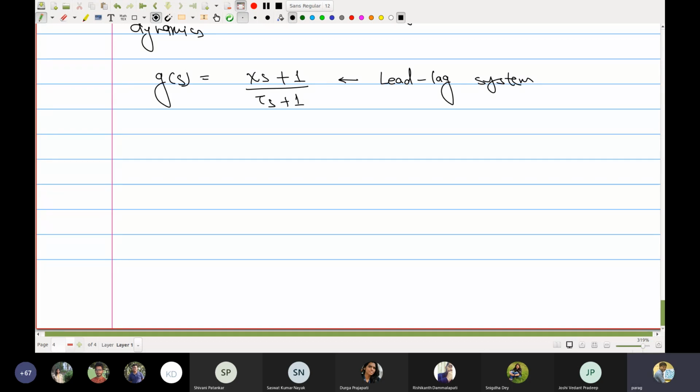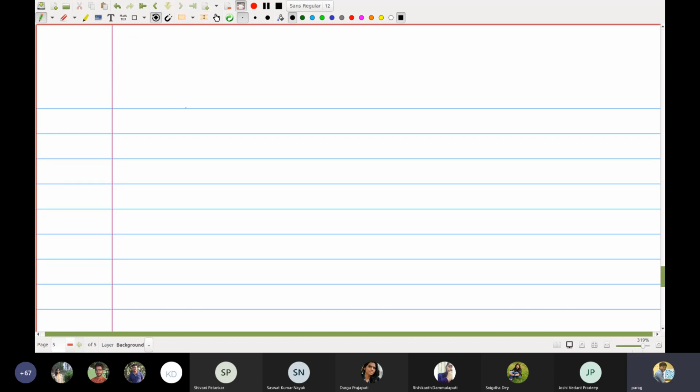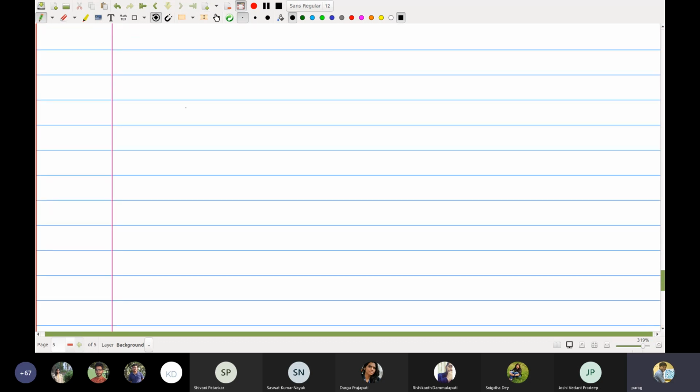Now, when you have a system of this type, let us look at a sample transfer function. Let's say you have G of S equal to 1 upon 5S plus 1. So this is an overall transfer function of your system.